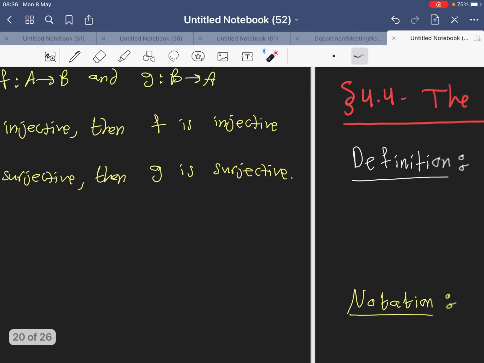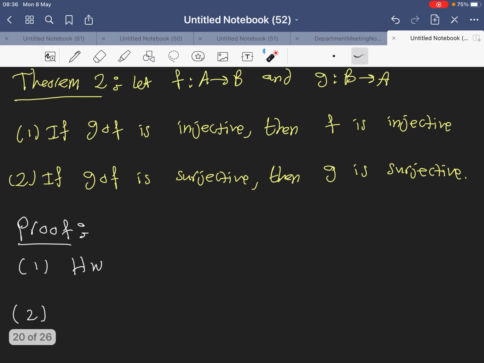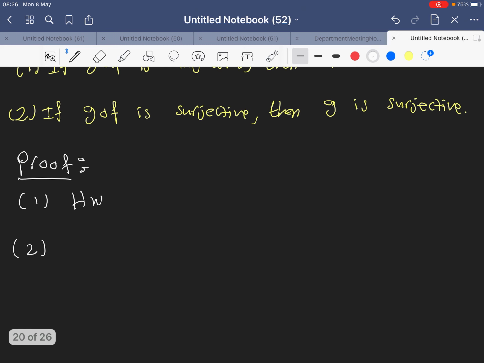So part 1, I will leave it as homework, but part 2, let's do it together, about the surjectivity. So we need to prove that G is surjective. Sometimes a quick arrow diagram can help me find out what is going on. So this is B, this is C, and I want to show that G is surjective.